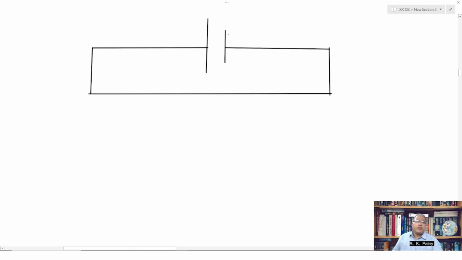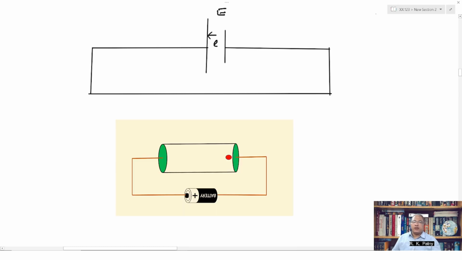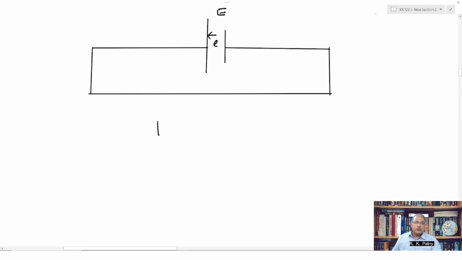Suppose I apply an electric field on an electron. This is the electron, and some electric field is applied to it. So what will happen? The electron is attracted by some force towards the positive terminal, because the electron is a negatively charged particle, so it is attracted by the positive terminal of the battery. How much force? The force is given by the formula charge multiplied by electric field intensity.